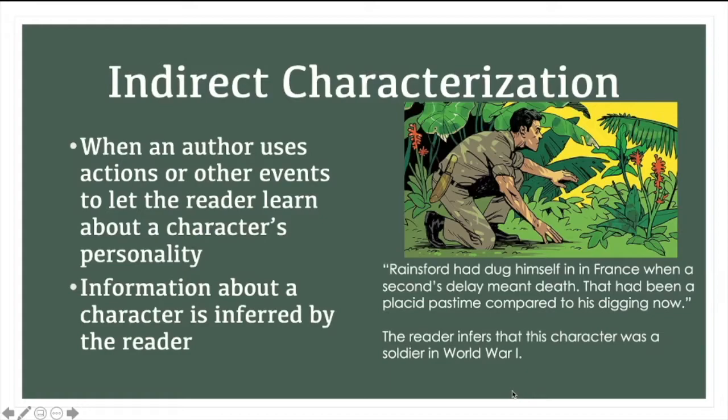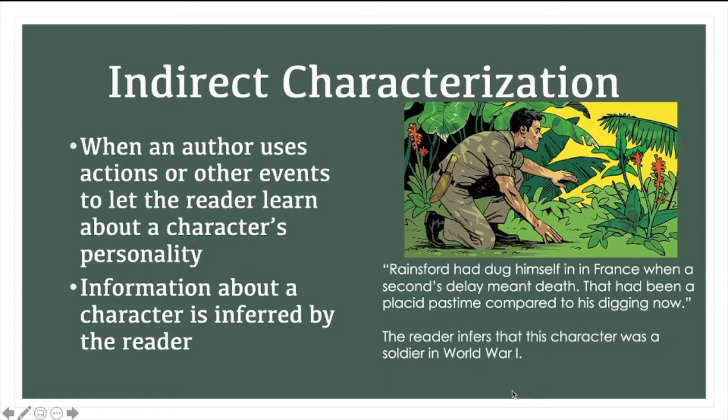We just have to learn about the character through their own actions or through events that happen in the story. I use the word here inferred. You are inferring. You're having to read between the lines and make your own assumptions about the character based on what they do in the story.